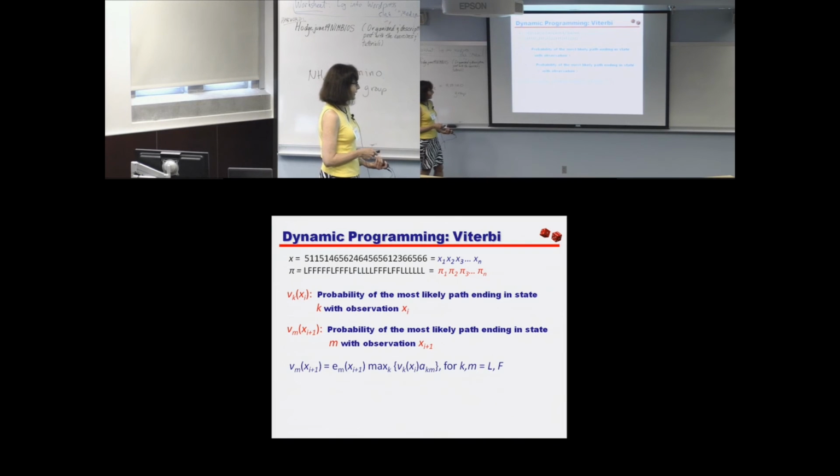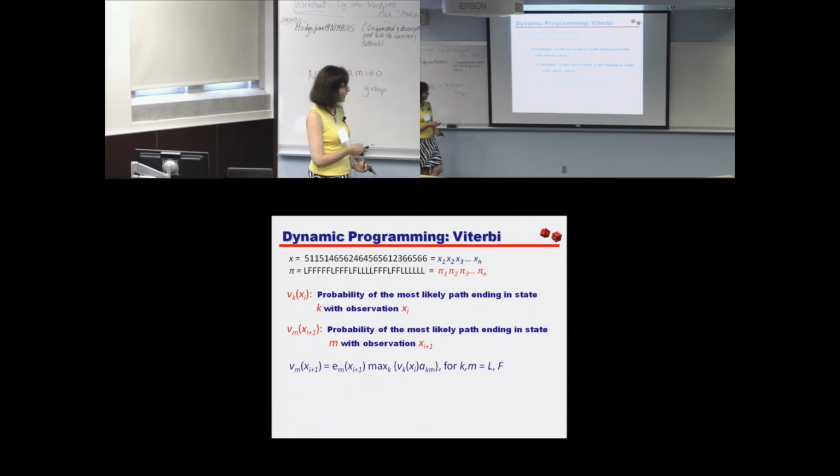In the previous state, I can have the maximal sequence be either in a loaded or fair state, so it could be either L or F. And then if I have done this, I have to transition from K to M to be in state M at time I+1, or for the I+1 entry of this sequence.